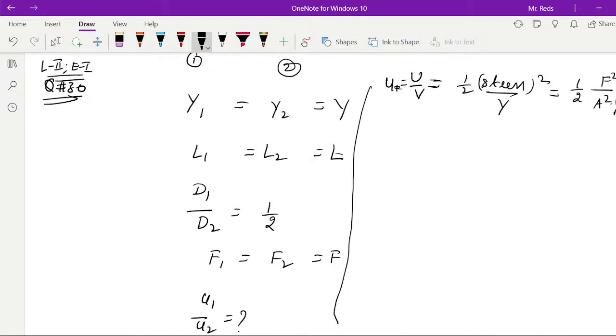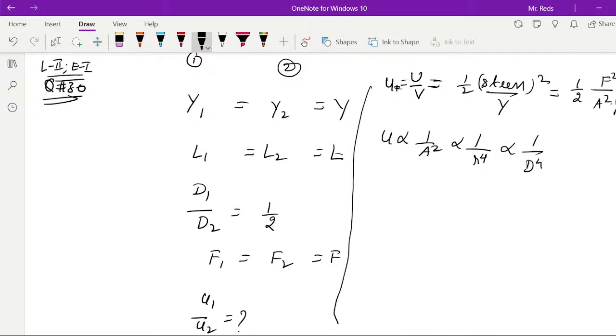Only the diameter is changing, so the area will change. Area is pi r square, so U is proportional to 1 by A square, which is 1 by (pi r square) squared, so power 4 of r. Radius can be expressed as diameter by 2, so U is inversely proportional to diameter power 4.